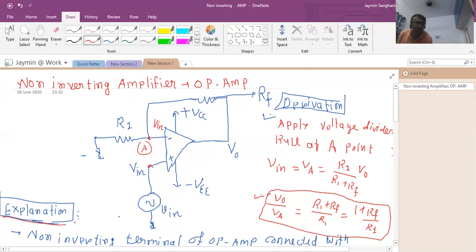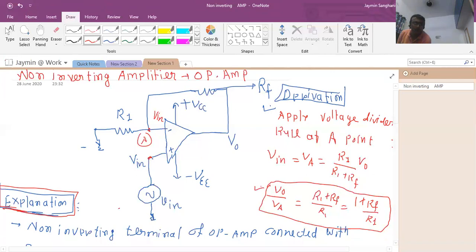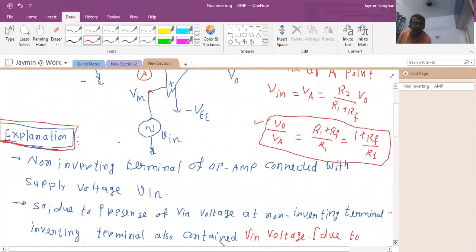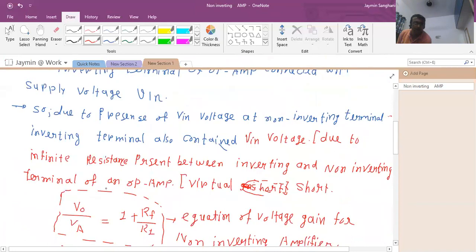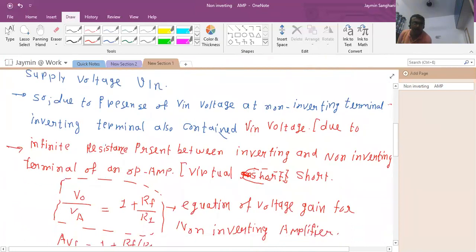See this. So here we can say first point, second point, third point. It is considered as a third point.